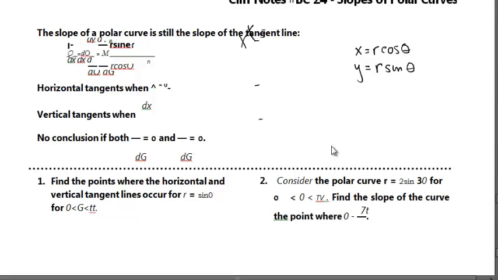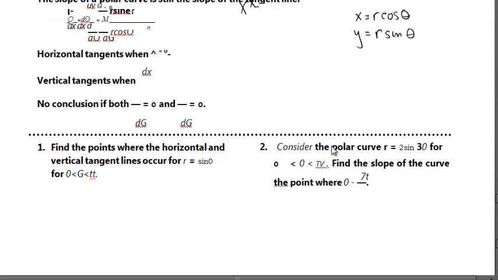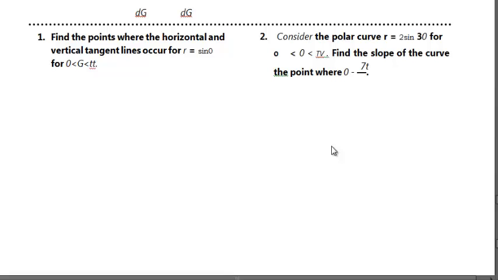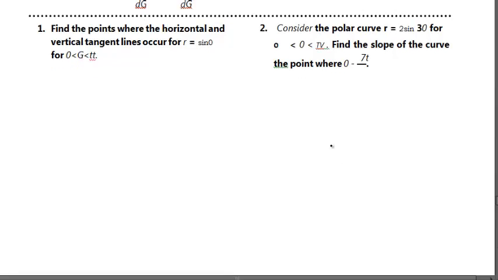All right, example 1. You can see there's a ton of space for example 1 because it requires a lot of work. We're going to find points, r theta points, where the horizontal and vertical tangent lines occur for r equals sine theta, for theta between 0 and pi.